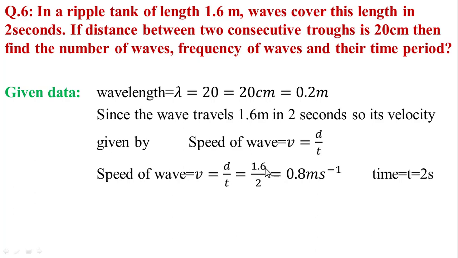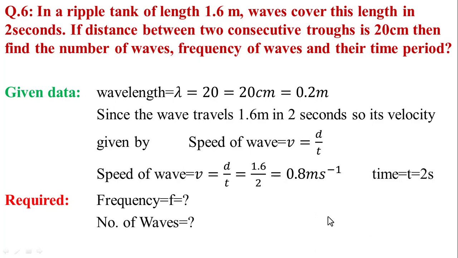Distance is 1.6 meter and time is 2 seconds. Then v is equal to 1.6 divided by 2, that is equal to 0.8 meter per second. And it is also given that time t is equal to 2 seconds. Now we can find the frequency f, the number of waves n, and the time period capital T is equal to question mark.